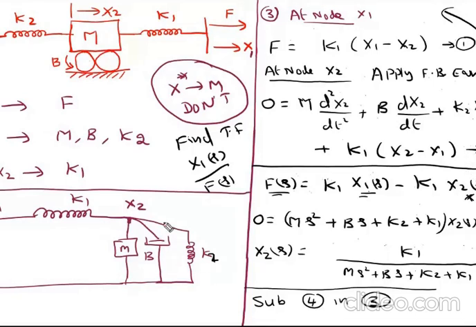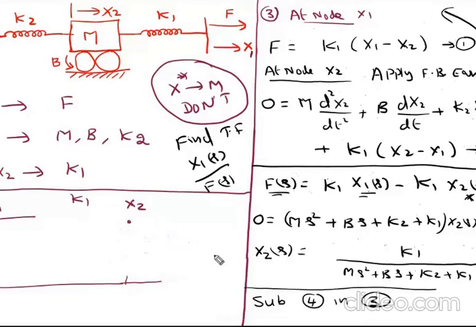Now I am just removing this free body diagram as I have already written the equations to get my final answer. So what you will get if you substitute, let me take another color so that students' confusion does not come.